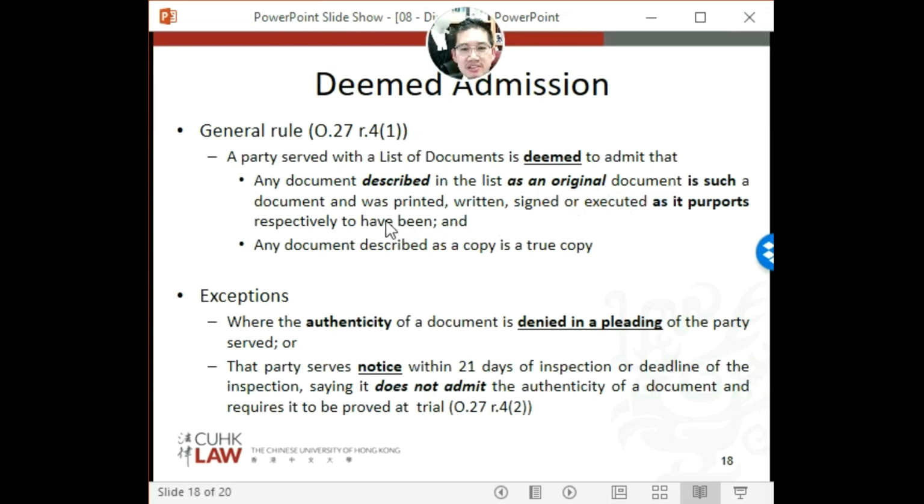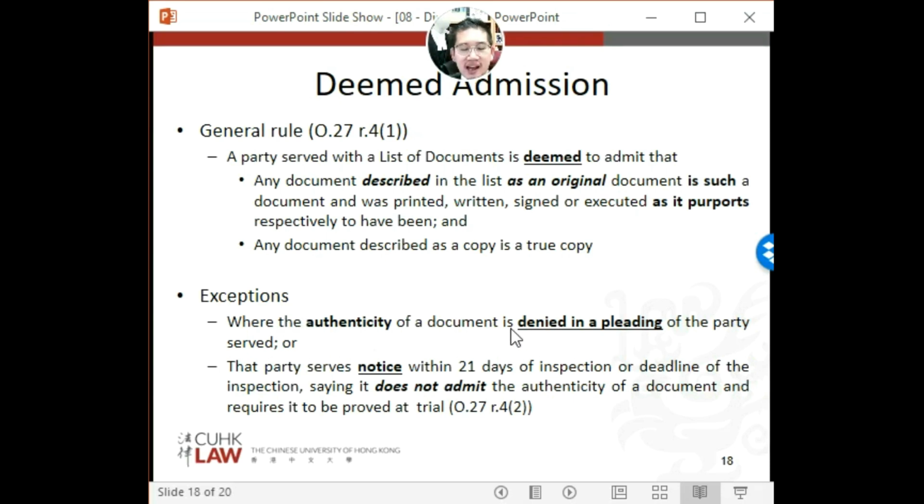If it is described as a copy, then it is deemed to be a copy. Therefore, if you are the receiving party and you want to dispute a certain document as a forgery, you must actively challenge authenticity.